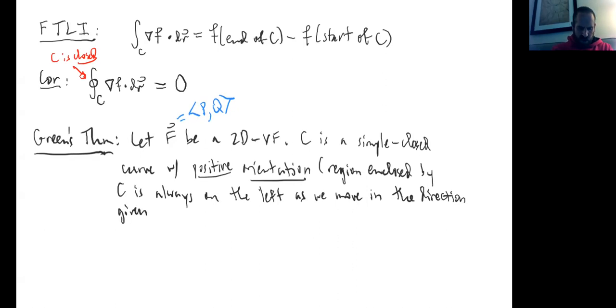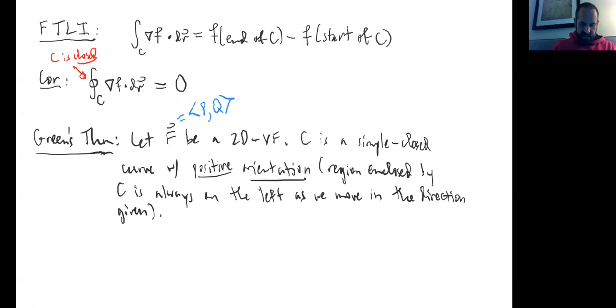Because you're always going to have two options for how you go around C. If you go around in one direction, the work is going to be one number. If you go around in the opposite direction, the work's going to be the opposite number. So this thing is with the positive orientation.